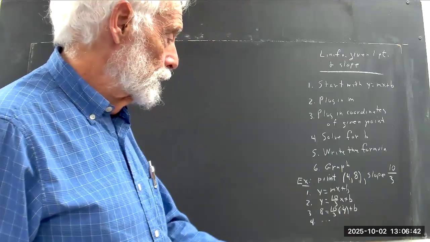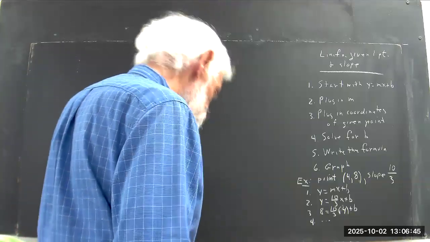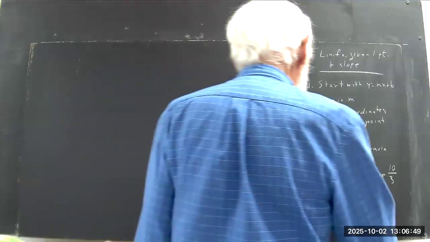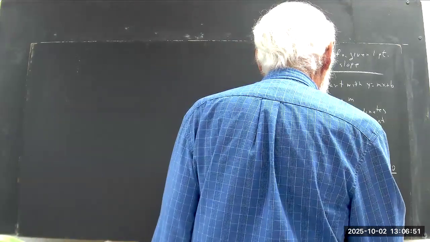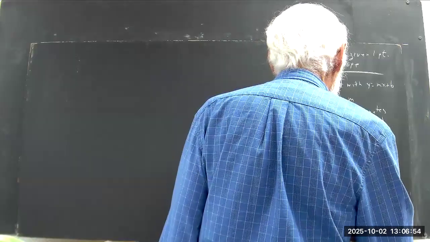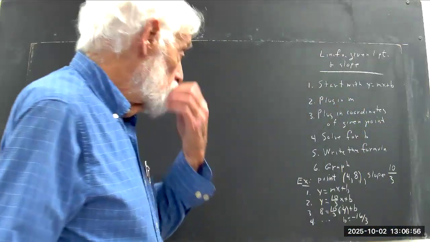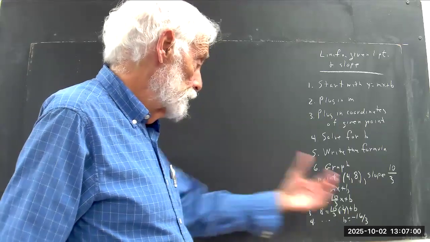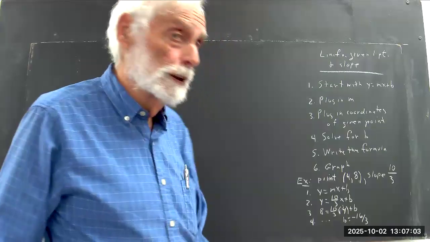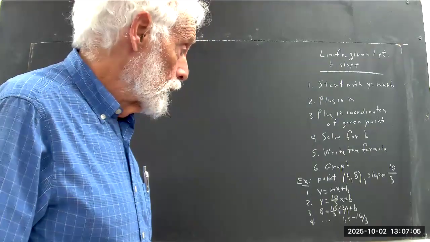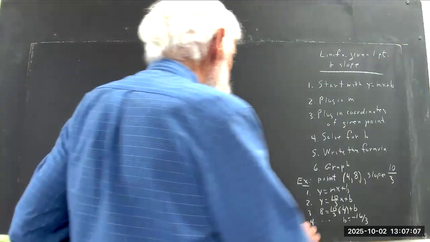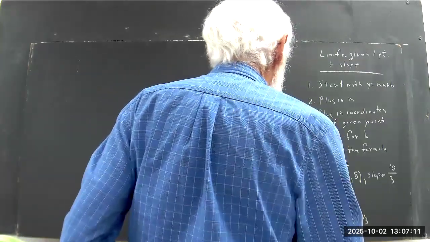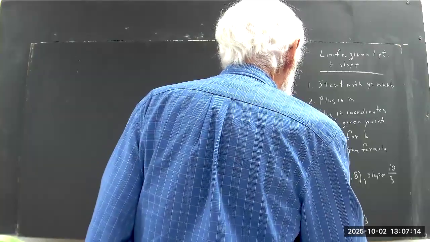And so b is negative 16 over 3. Okay, and I did that quickly in my head. Then you got 40, you got 24, that's going to give you negative 16, 3b. I think that's right. Okay. So you just do the process 5, write the equation.